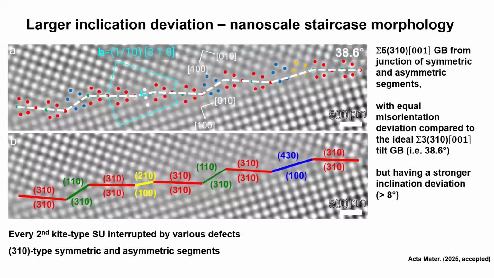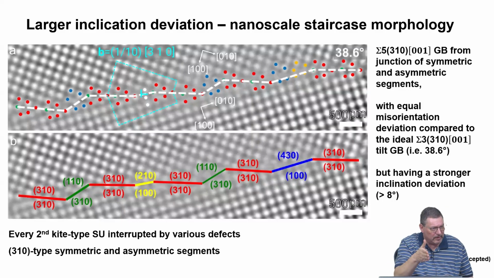If you take the dislocation description for the grain boundary, you would have a more defected grain boundary structure, even though you have less deviation from ideal misorientation but more inclination deviation of the grain boundary plane. So these two aspects need to be considered differently when you analyze your twin boundary structures, right? Misorientation deviation is one thing, but also the inclination deviation from the perfect boundary plane normal.